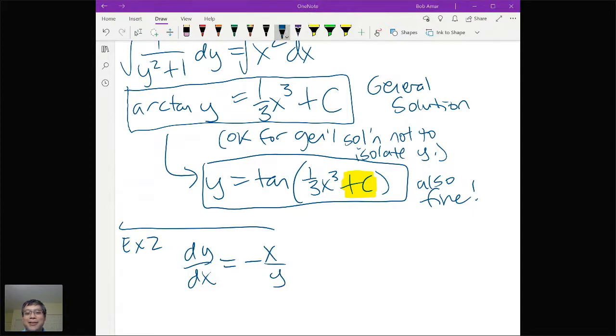I see that save there with the plus C. That's one of the hallmarks of a general solution, that it has a C in general somewhere in it. Okay. In about 30 seconds, I'm going to start solving the problem.